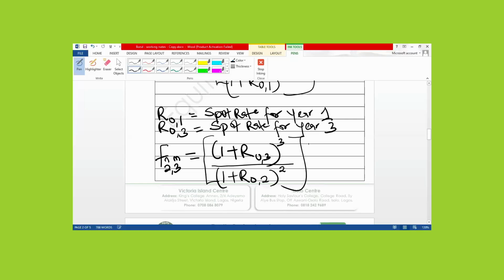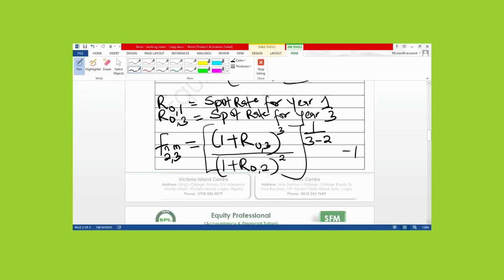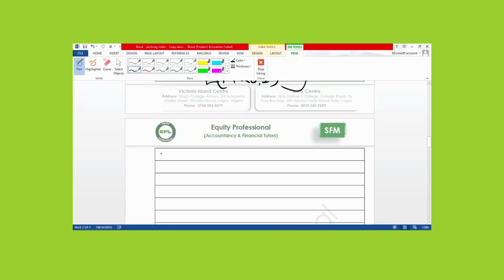Close my brackets. 1 over M minus N, which is 3 minus 2. That means I require the spot rate for year 2, R2. For me to be able to answer this requirement, I must calculate spot rates.